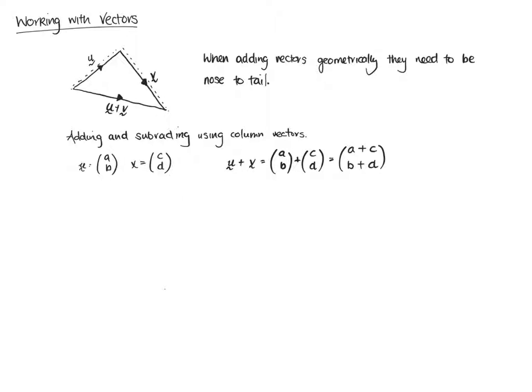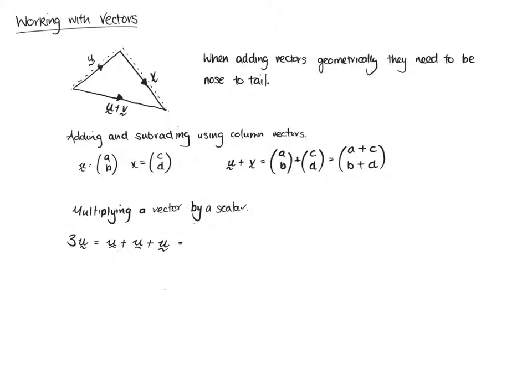Okay, so the other thing we need to be able to do is multiplying a vector by a scalar. So if I wanted to find 3u using the same u as I've got up there, that's just like doing u plus u plus u.